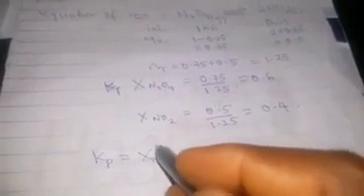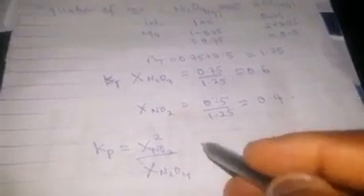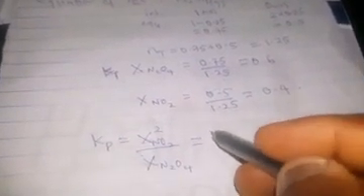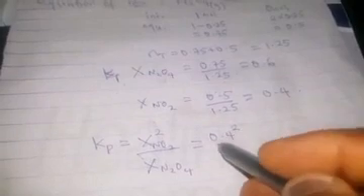So we can say that my Kp, according to the reaction, is equal to the mole fraction of NO2 raised to power 2 divided by the mole fraction of N2O4. That gives us 0.4 raised to power 2 divided by 0.6.